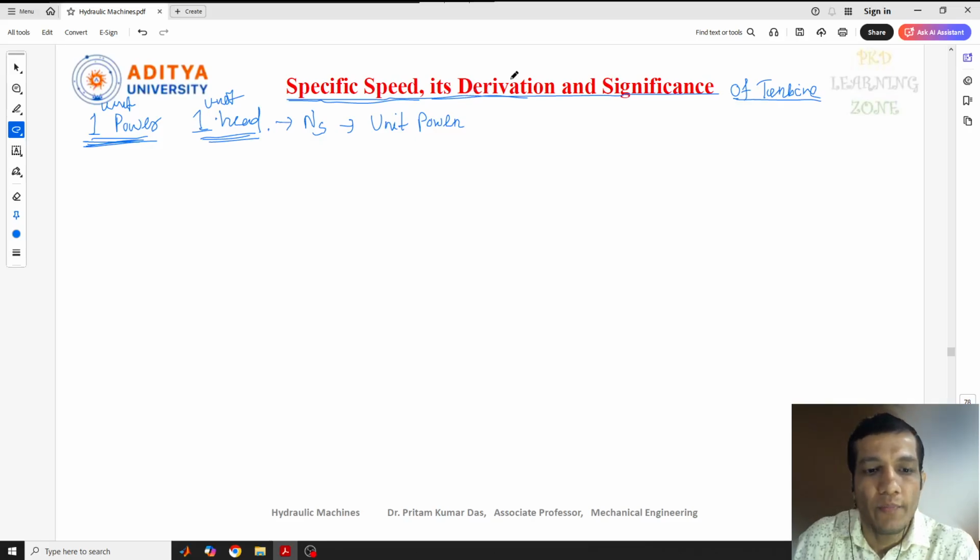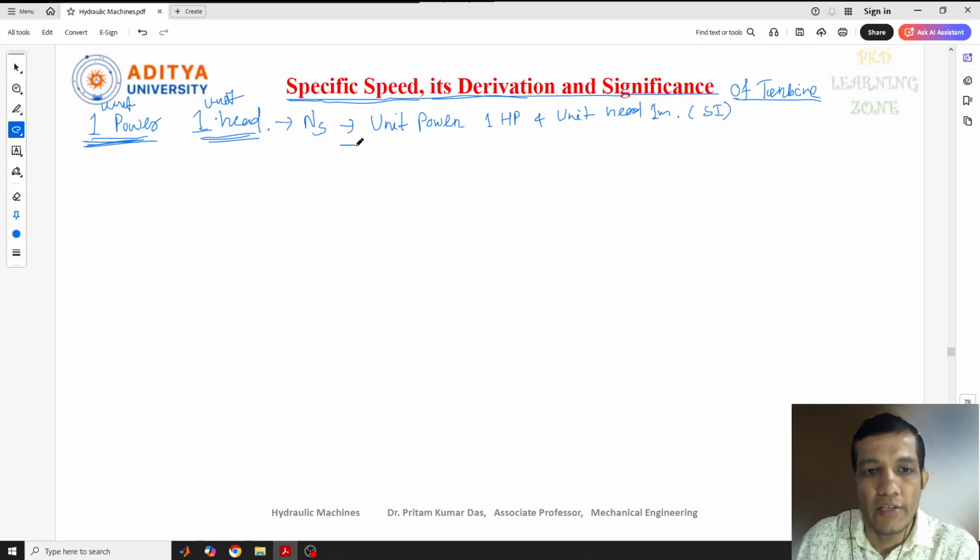So 1 unit power will be taken as 1 HP, 1 horsepower, and a unit head of 1 meter. This will be considered for the first system.